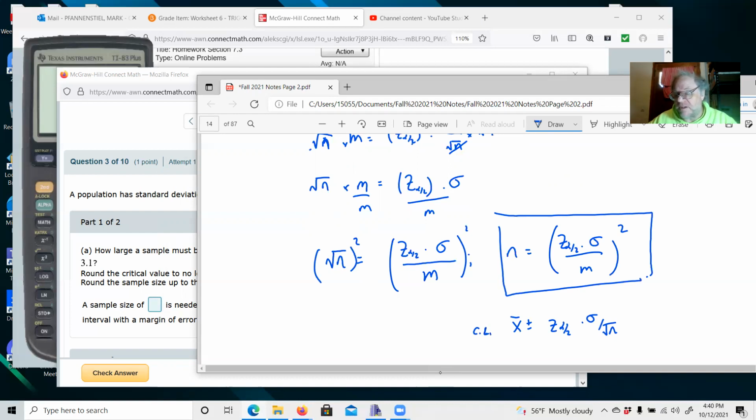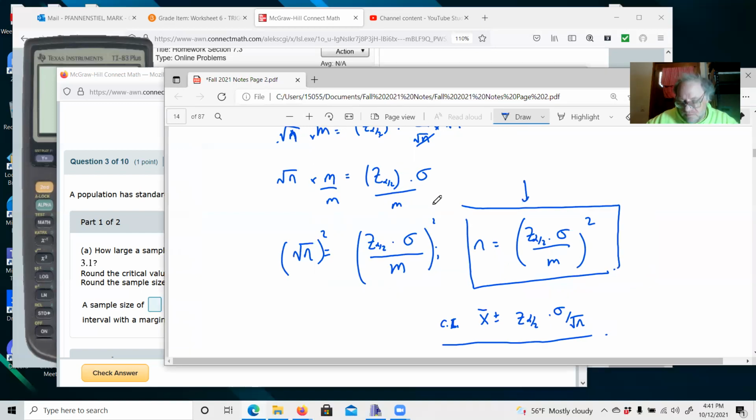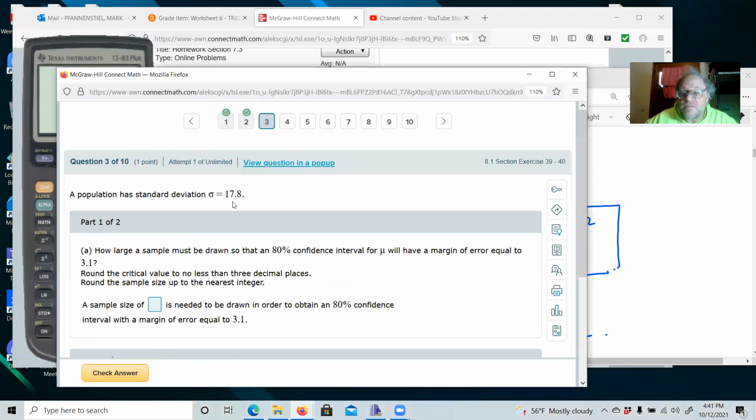I will happily write down confidence interval equals this thing. So you don't have to memorize this. You certainly don't have to memorize this one. Ever since I started teaching this class, this has always been given. So don't look at that and think I'm going to have to know this. No, you just have to know how to use it, which is hard enough.